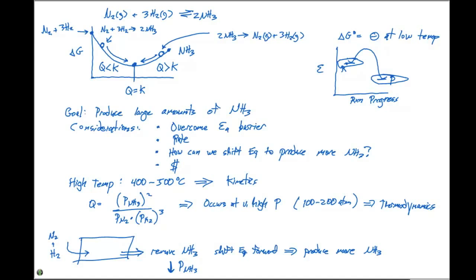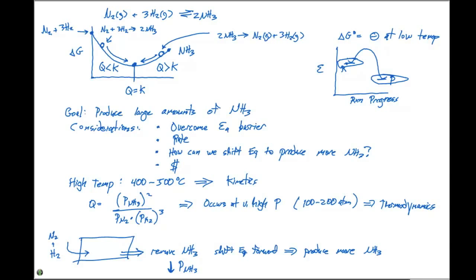The reason I bring up this whole process is because it's still widely used today, and, like I said, was developed right around World War I, around 1918. Sometimes this is called the Haber-Bosch process. Back in the World War I era, everyone wanted to use this as an explosive.